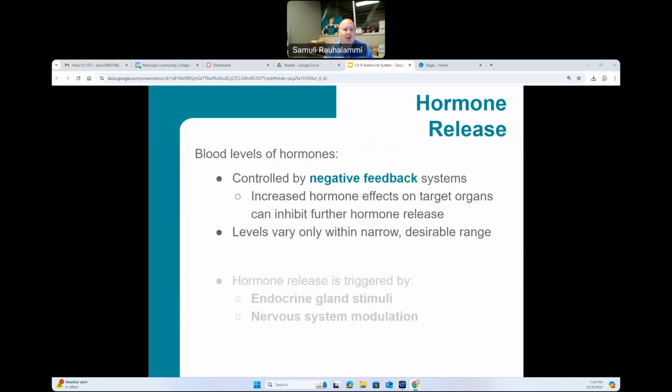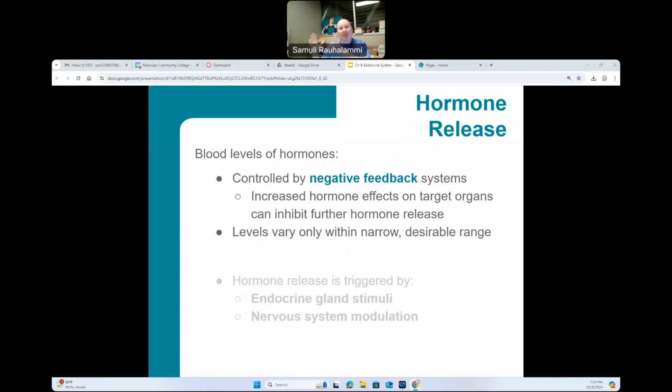So now that we've talked about the basics of the hormone, one thing that I think is worthwhile for us to consider is that we need to have the right amount of hormone in the circulatory system. And this is accomplished thanks to negative feedback mechanism. You remember early on in the semester, we talked about negative feedback, how that was all about keeping the values for that thing that we're looking at within a set point, within a range of acceptable values.